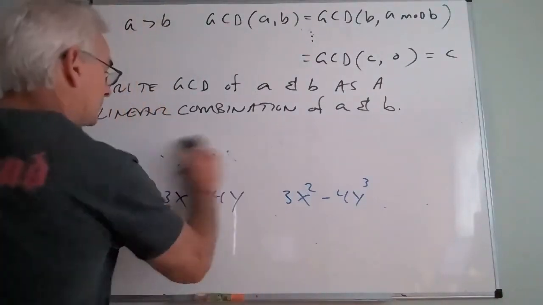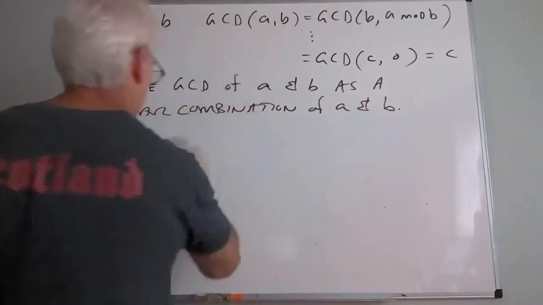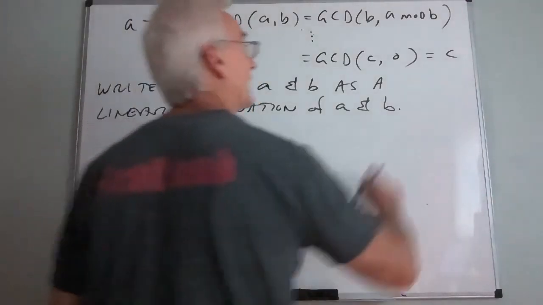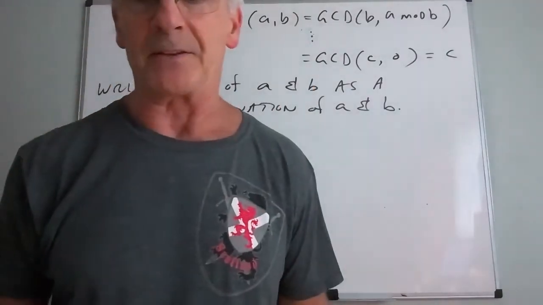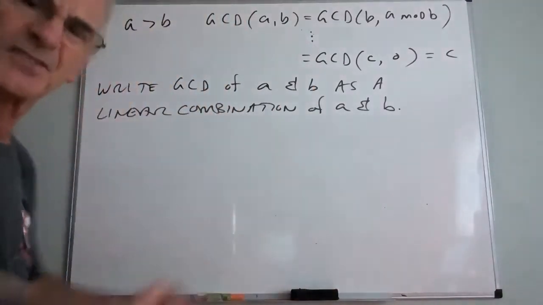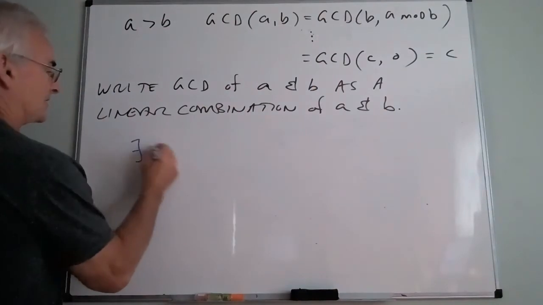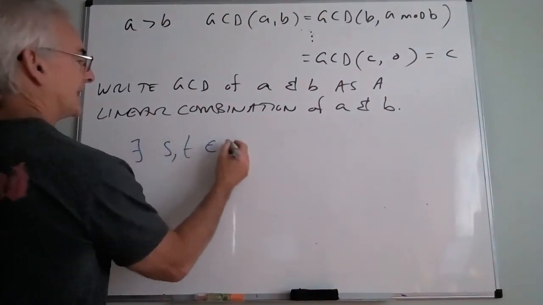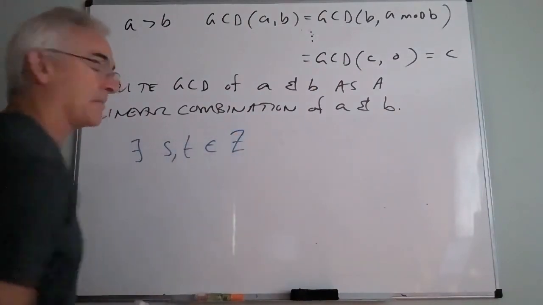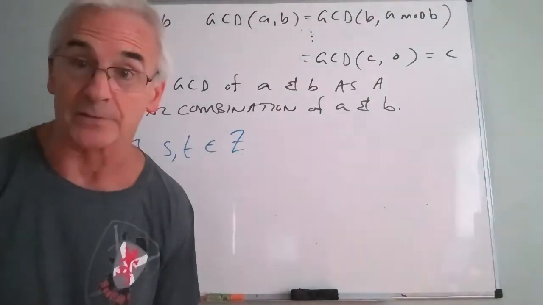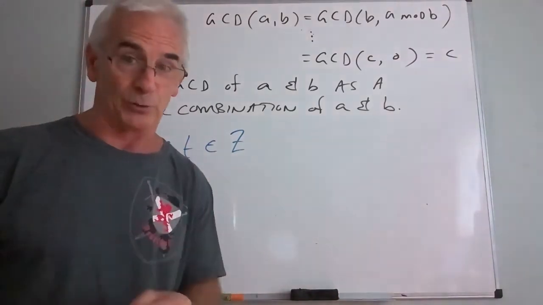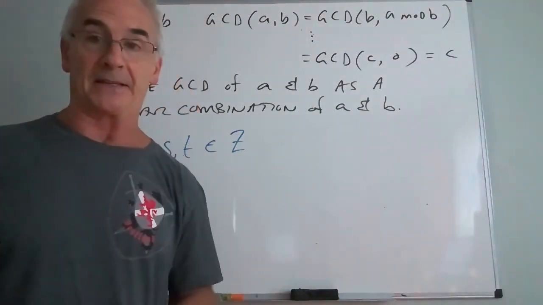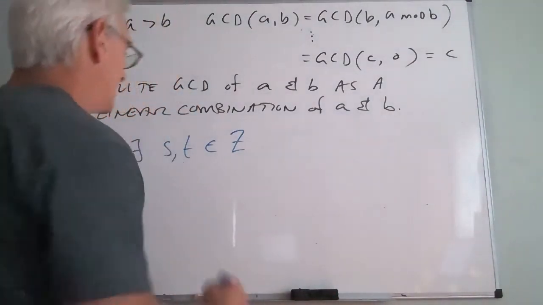So what I want to be able to do, if the answer was C, is find the specific S and T. That means there exist S and T in the set of integers. And by the way, S and T can be either sign. In fact, you're going to find that one of them absolutely has to be negative, otherwise this isn't going to work.